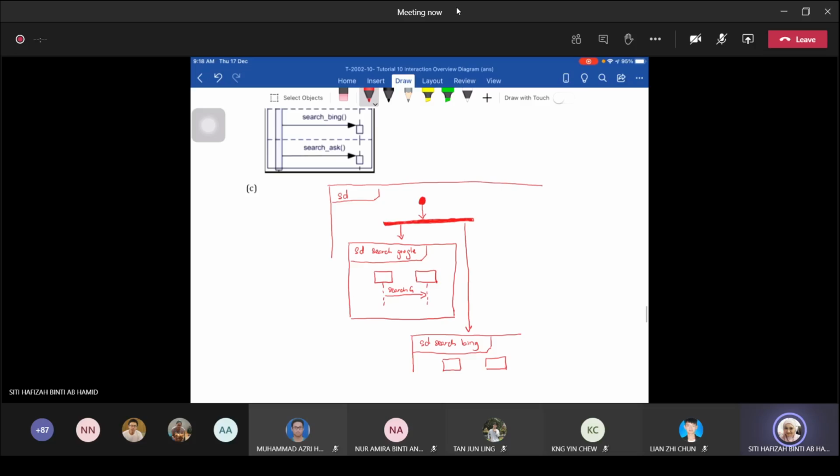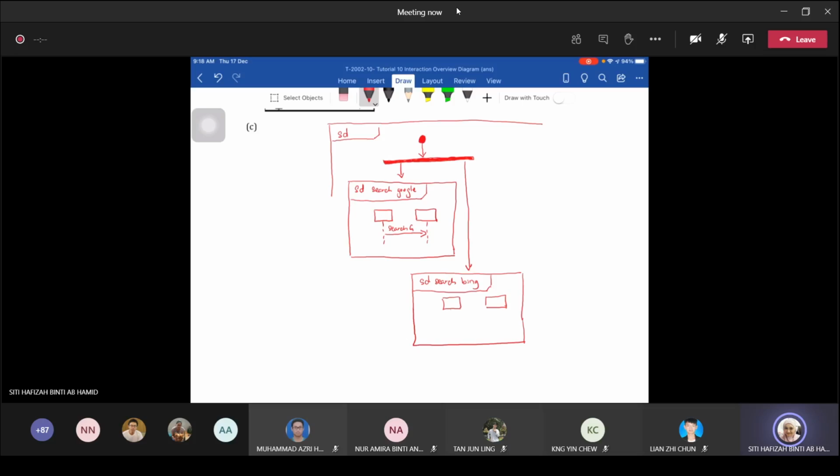Same thing. Why do I have this? Because the process is so little. If you want to use a reference, you can for this question, but implementation wise, it's not practical.